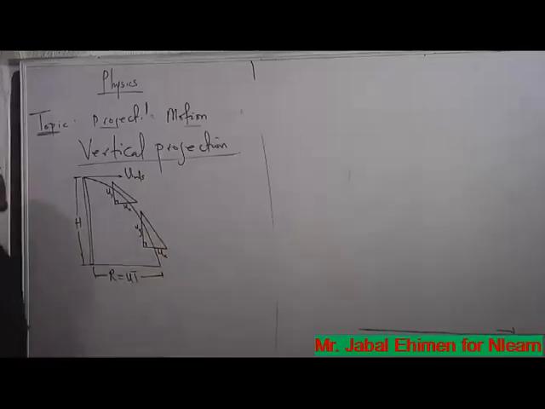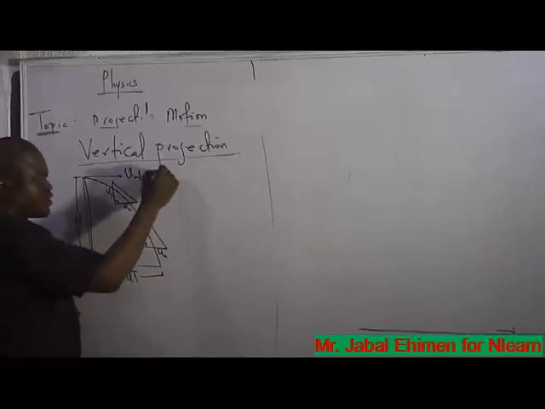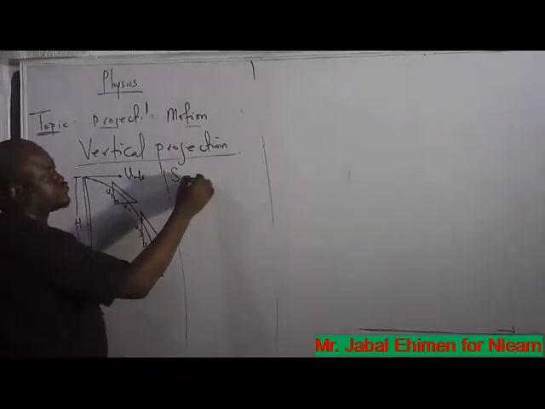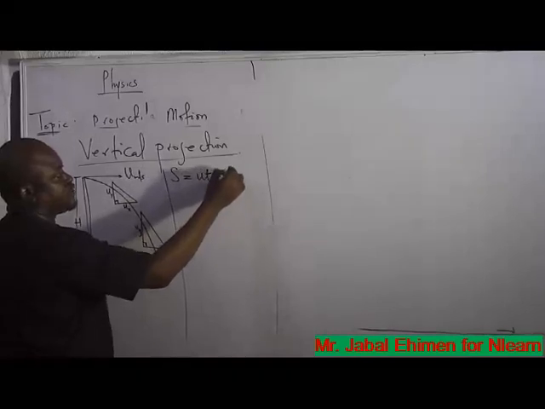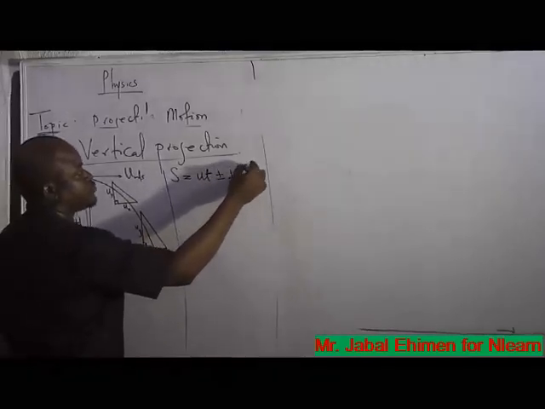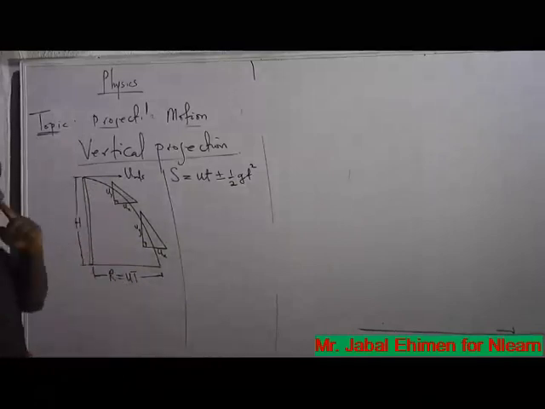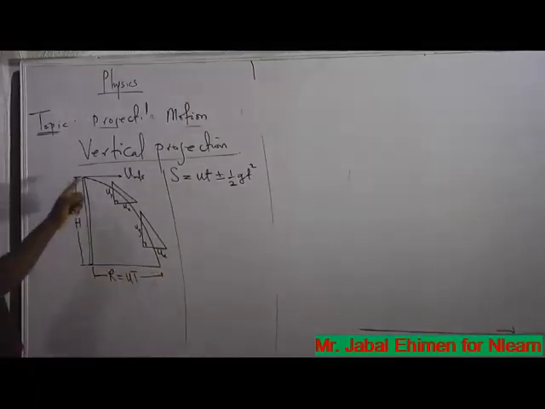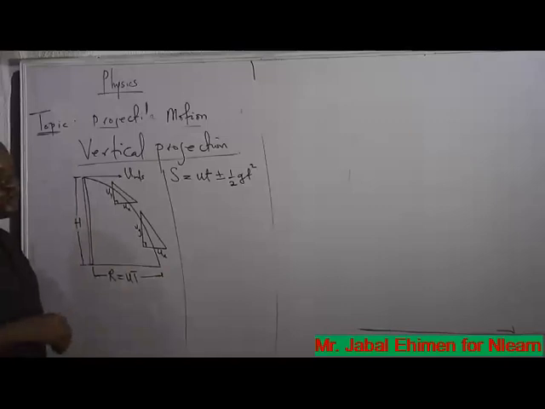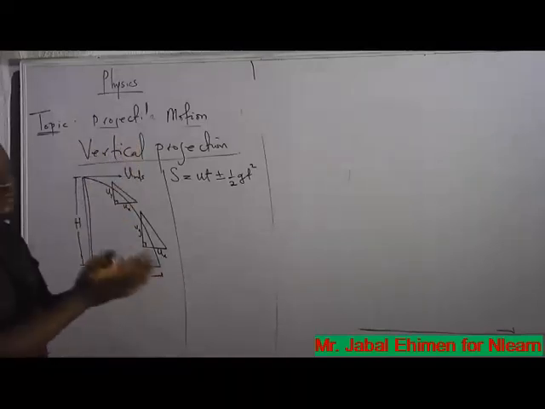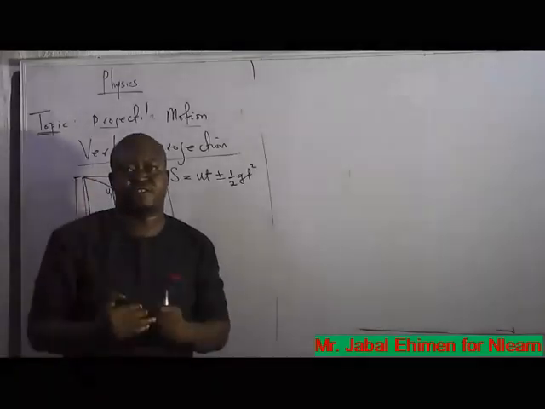Now, we all remember that s is equal to ut plus or minus half gt squared. We know that. If this body is coming down, surely the value of u as the body is coming down is equal to 0, from your knowledge of motion under gravity.